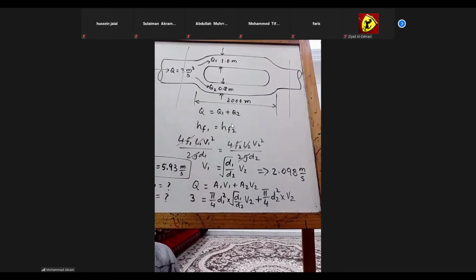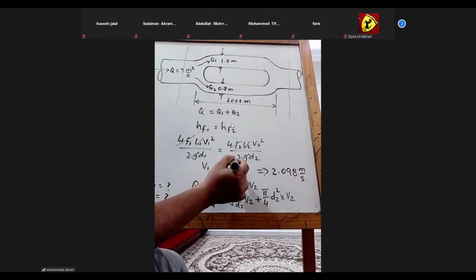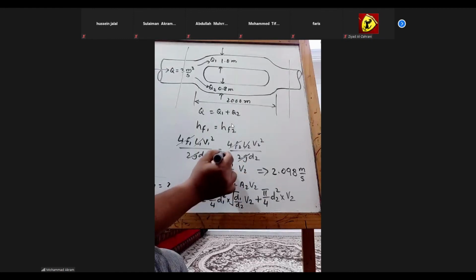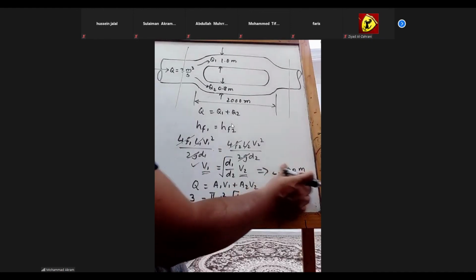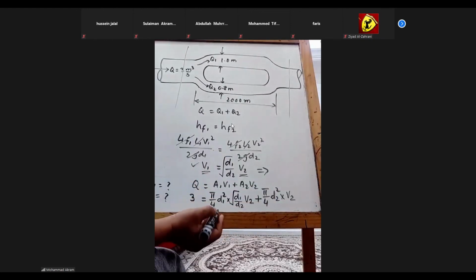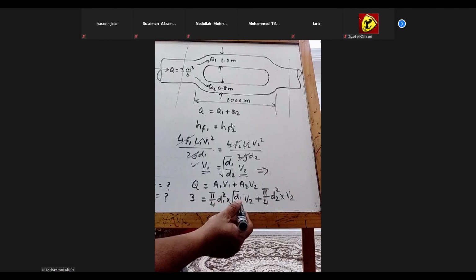V1 equals D1 over D2, where D1 is 1 meter and this is 0.8, so this value will be more than 1. So V2 multiplied by more than 1, V1 should be more than V2. Oh, D1 is 1? Yes. Okay, I wrote 0.1.